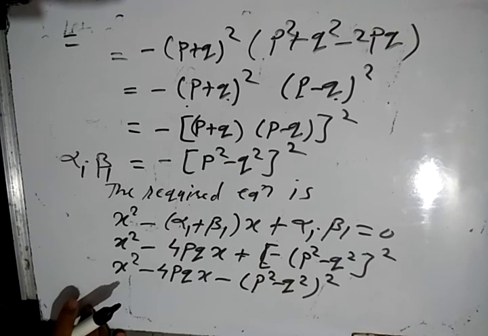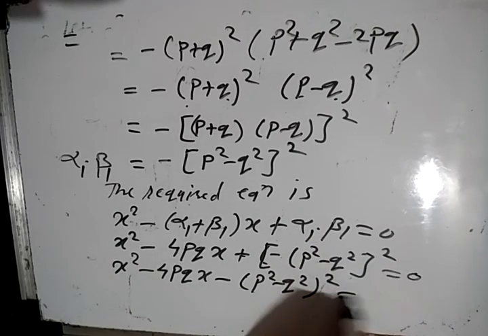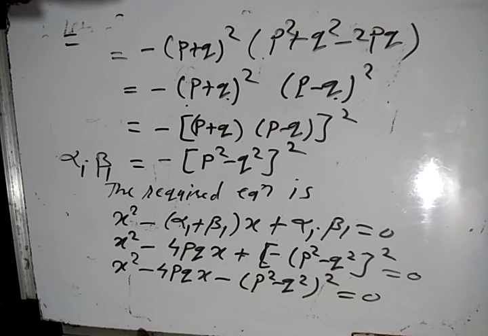This is a desired equation according to the given condition is equal to 0. That is x square minus 4pqx minus p square minus q square is equal to 0.